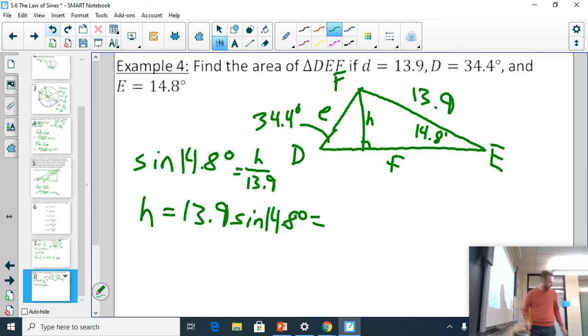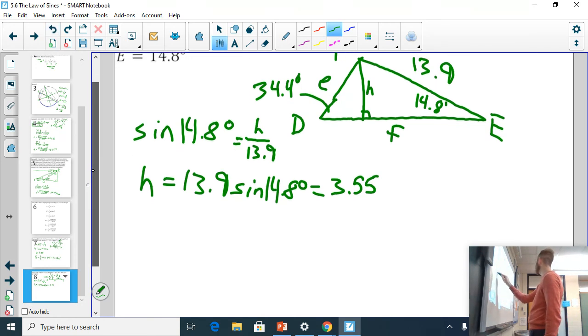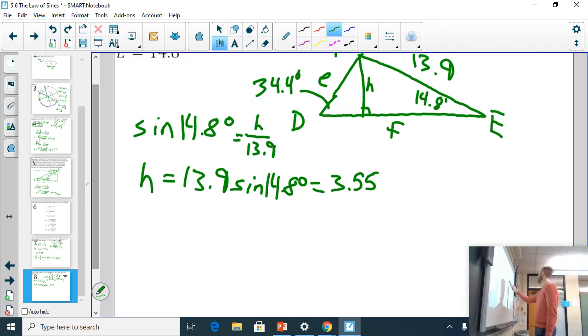And when you plug that into a calculator, we're going to get the height is about 3.55. And now at this point, we just need the length of F, right? We need the whole bottom length.